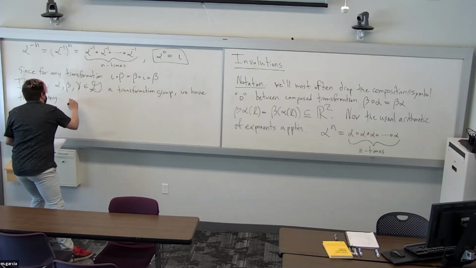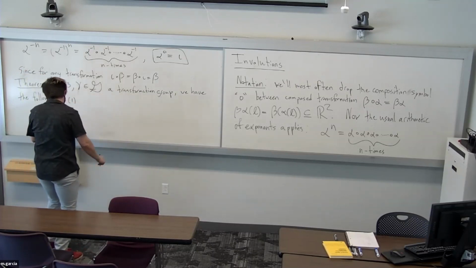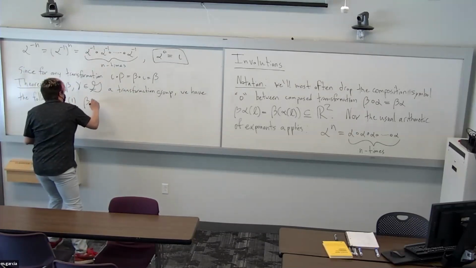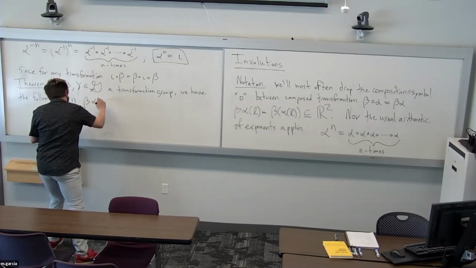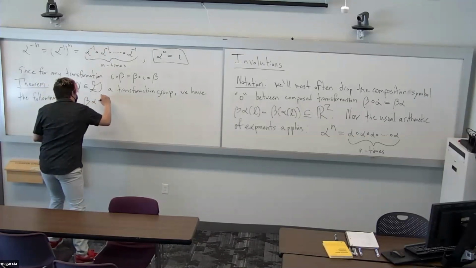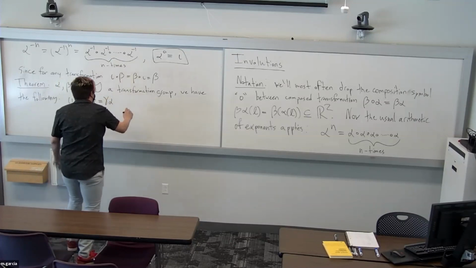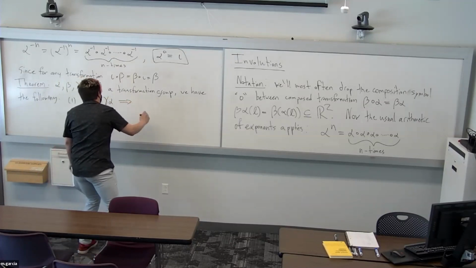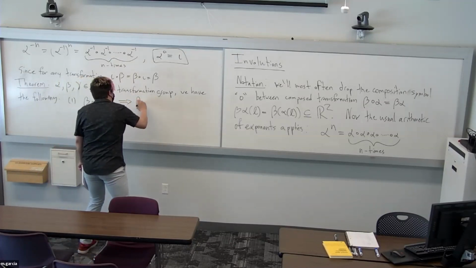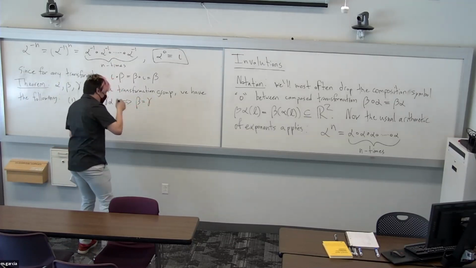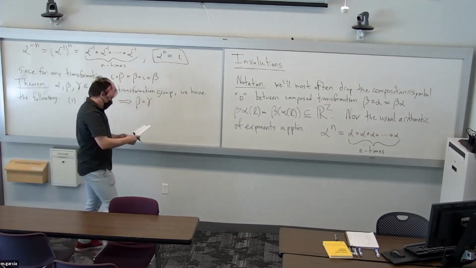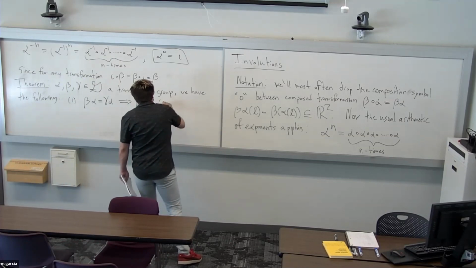Firstly, beta alpha is equal to gamma alpha implies that beta is equal to gamma. Call this right cancellation.